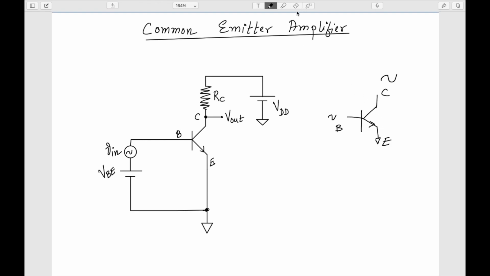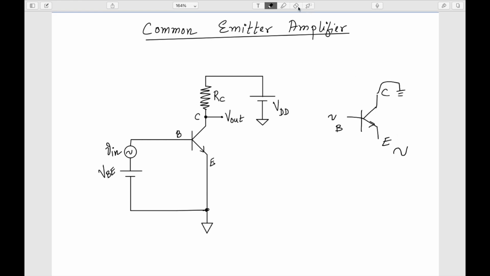If I am applying the signal at the base and grounding the collector, basically AC grounding it, and then see the output at the emitter, this kind of configuration is called common collector. Because I have three terminals, one can be common, means grounded, and we can provide input at one and see the output at the other.